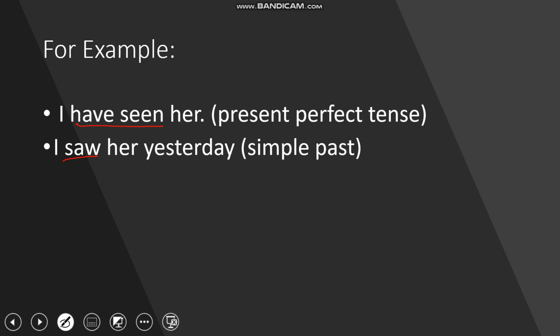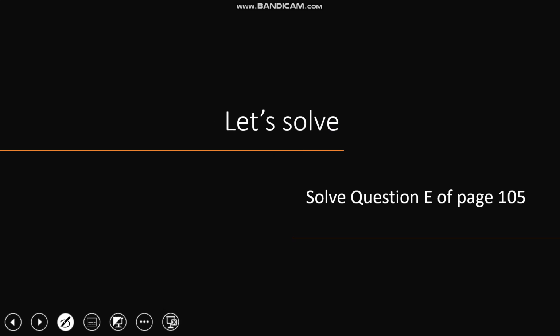Yesterday indicates the past time. Have seen expresses an action in the present perfect tense. Clear? So now let's solve question E from your grammar book, page number 105.